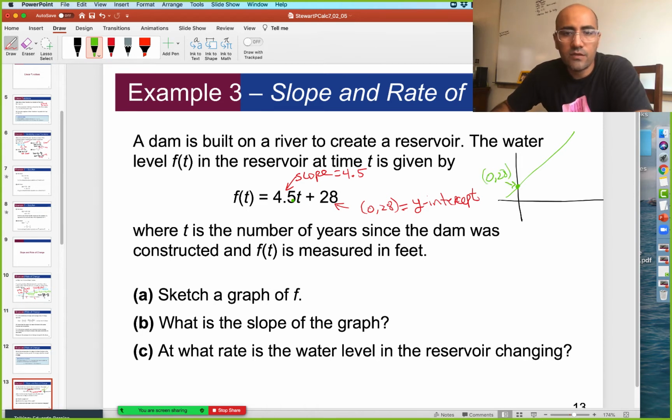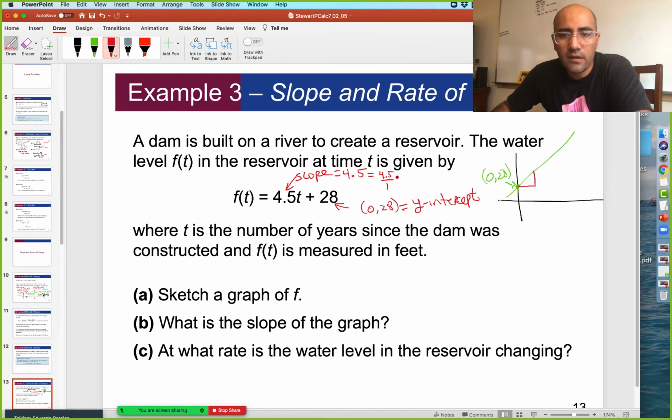And then I can use this to find one more point on the line. I have to create this little triangle underneath it to do that. So I can go this way, go this way. Since it is a decimal, I could say that this is equal to 4.5 over 1. So 1 unit this way, 4.5 units that way.